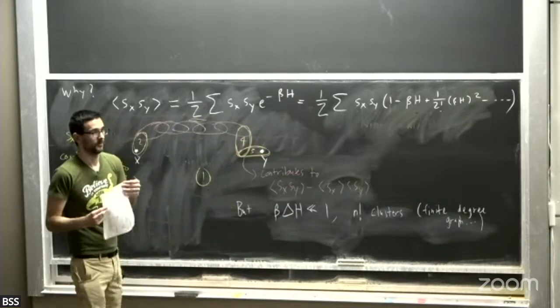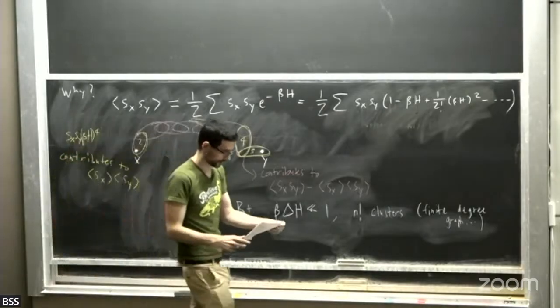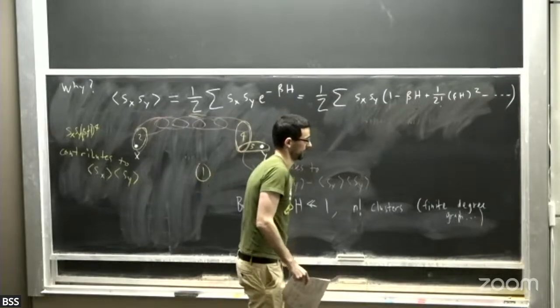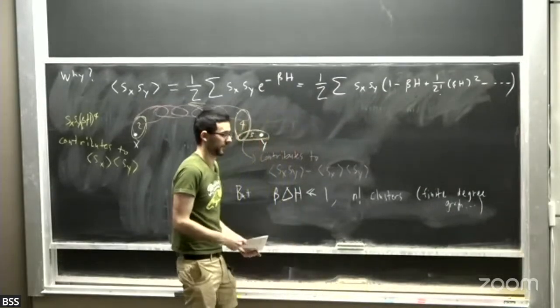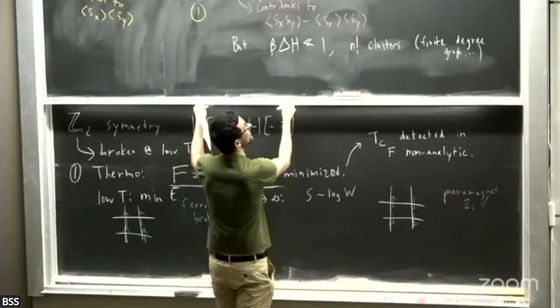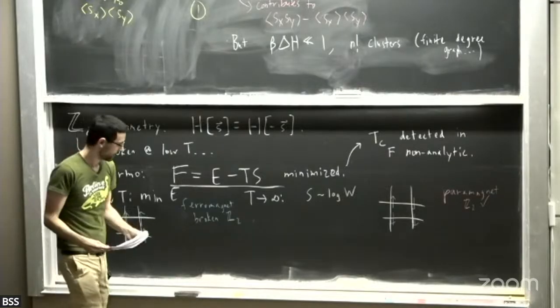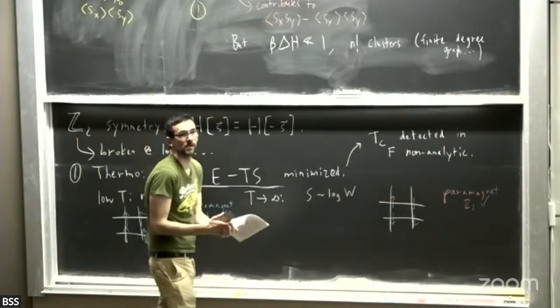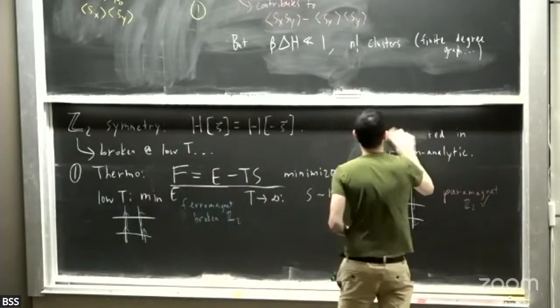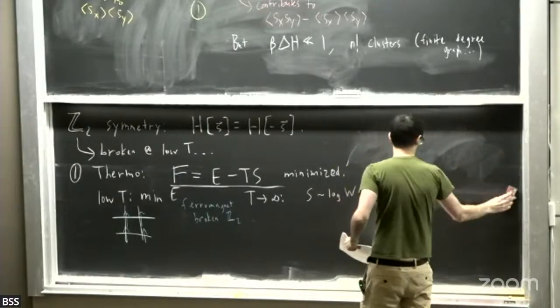Okay. And again, this is a physics version of the sketch, but this is basically why we'll never have long range correlators at high temperature. Okay, so that was known for classical systems for a very long time.